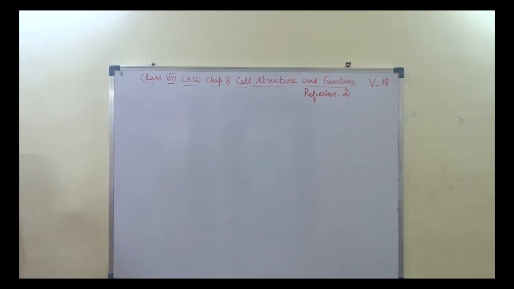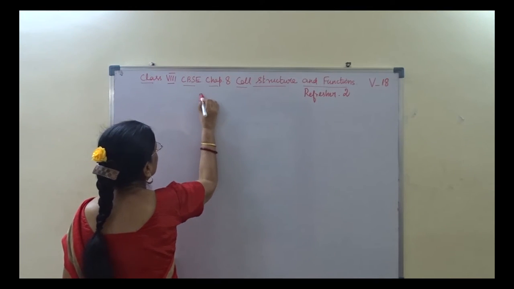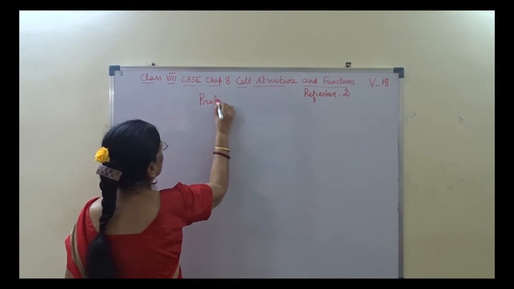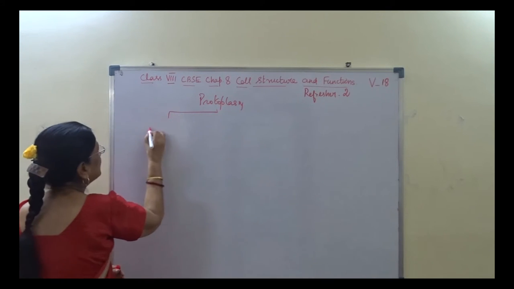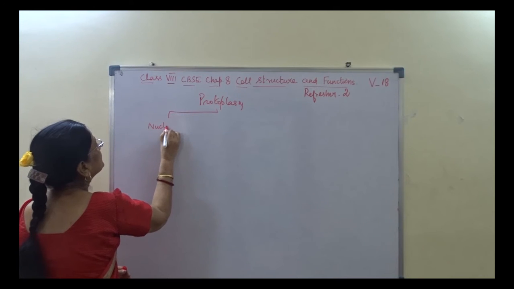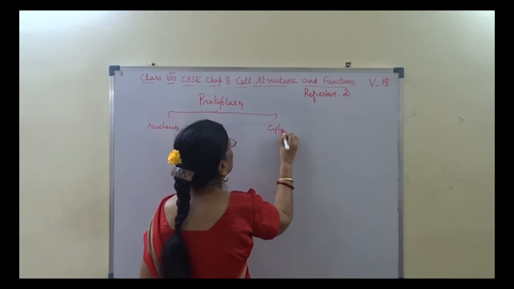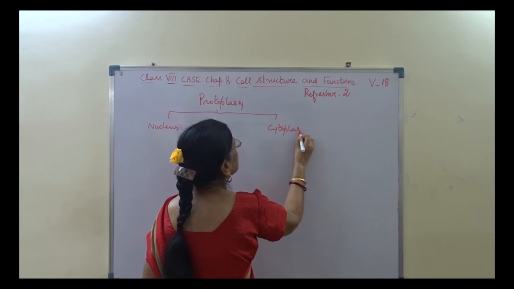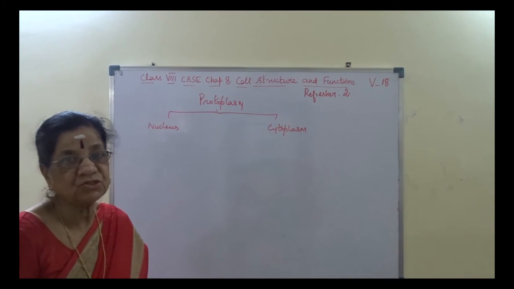And it was Purkinje who coined the term protoplasm. What we know, yesterday we have done. Now this protoplasm, as we know, is nucleus and cytoplasm. In yesterday's video session we have seen this.